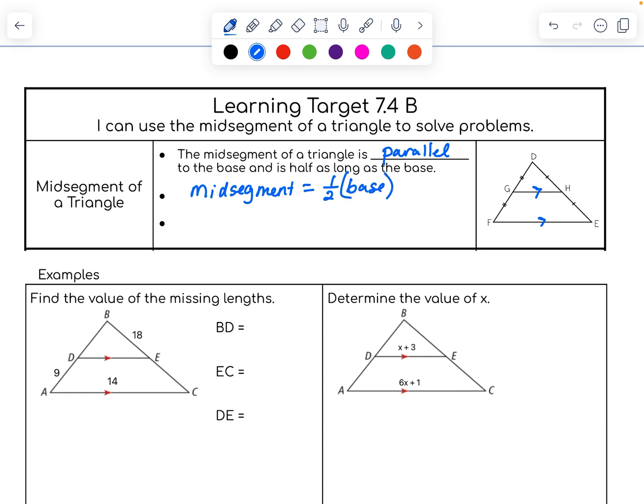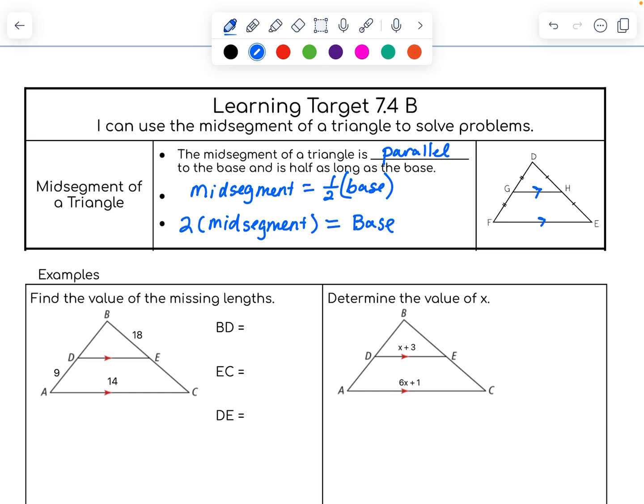Basically, if you look here, GH is half of FE. So we can also take 2 times our mid-segment, and that would equal the base.